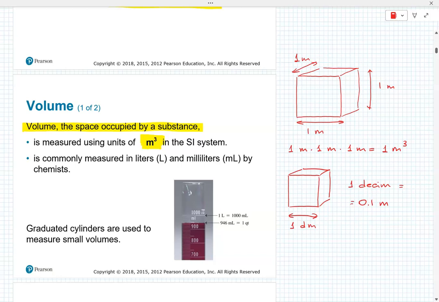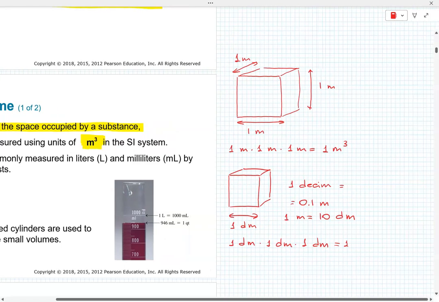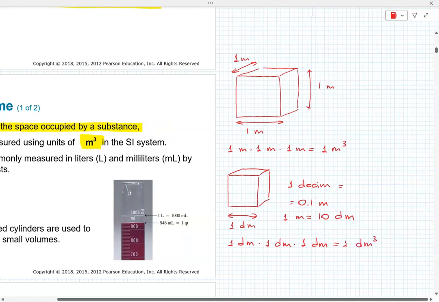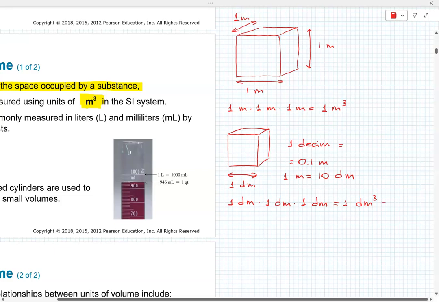So we can say that 1 meter contains 10 decimeters. Would you agree with me? Yes? So if we do this, we would have the volume of 1 decimeter cubed, but we don't use that unit. We instead use liter. Any questions on that part? All good?